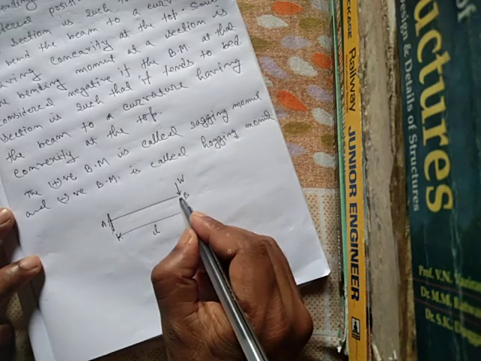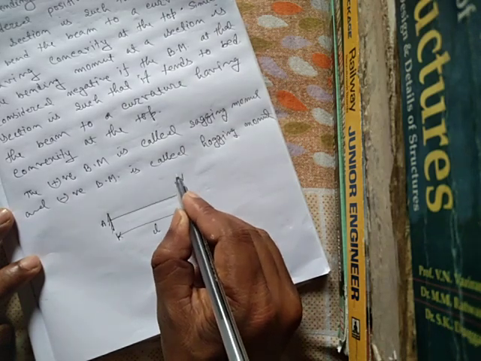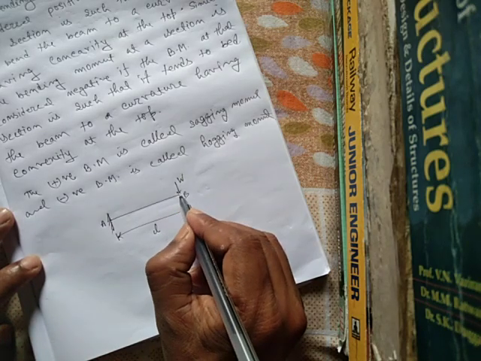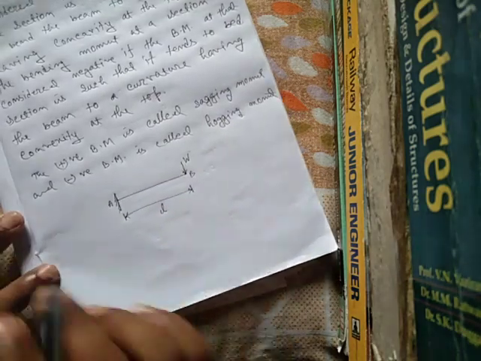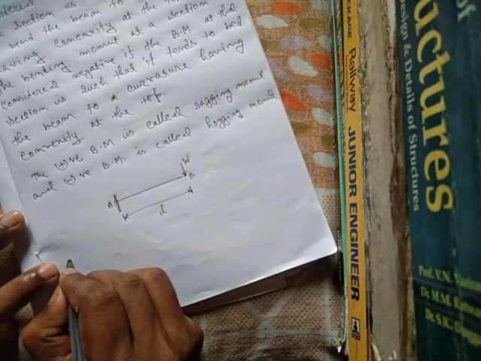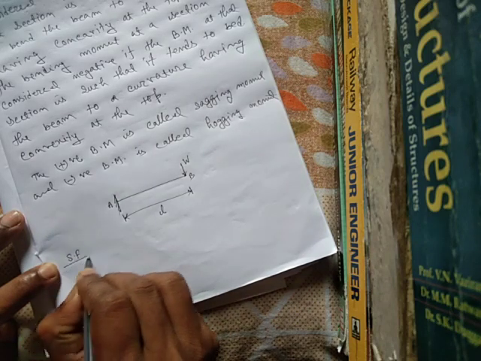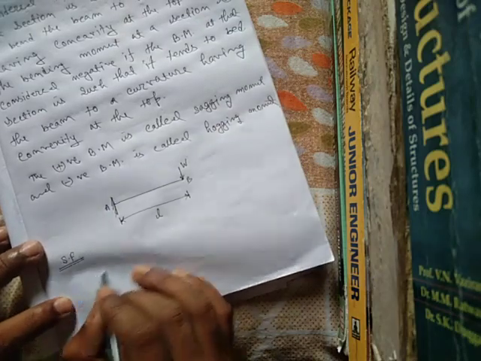Now shear force at point B is the total load at that point. Total load at that point is W. Find out the shear force, then draw the shear force diagram.